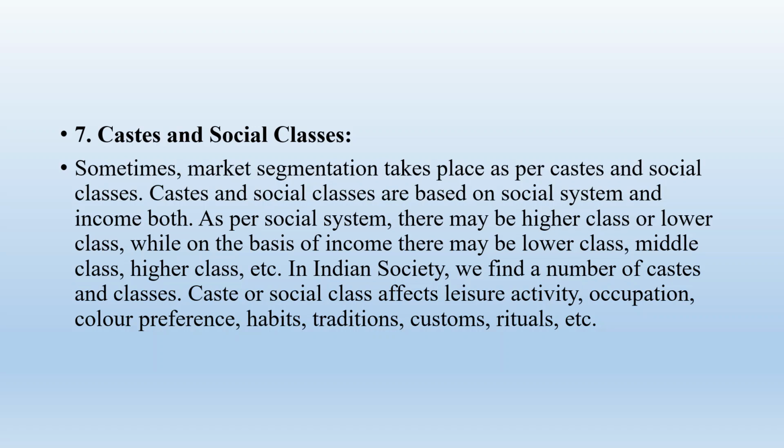It is not only that society is divided, but the people of a particular caste prefer certain beliefs, certain customs, certain rituals. So the product preference can be different. The caste or social class affects leisure activities on the basis of tradition, customs, and ritual.